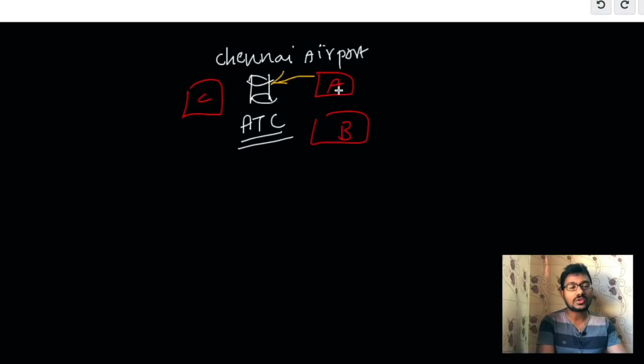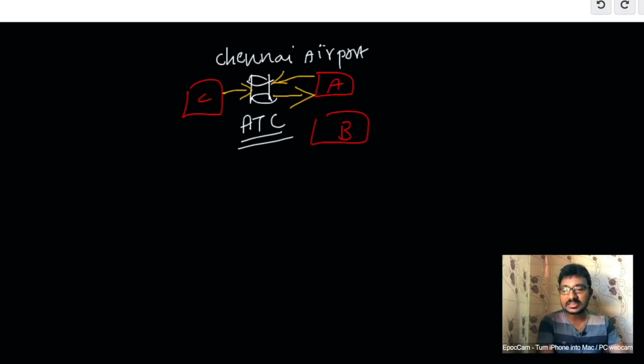It's interconnecting all the planes, getting the information and giving it back to the required plane. So this is the real life example where the mediator design pattern is playing a major role. Here ATC is a mediator.